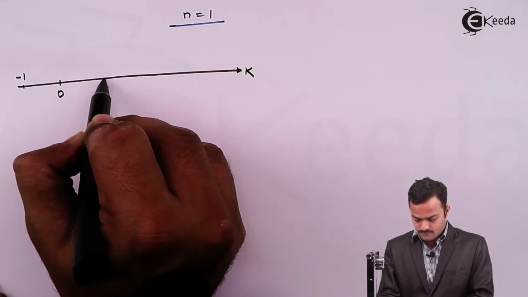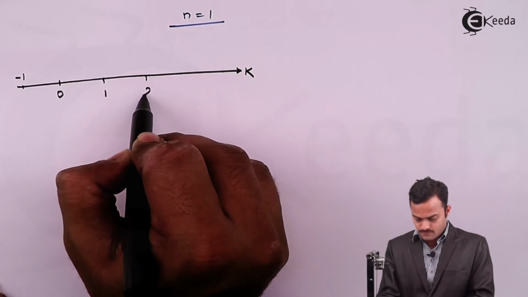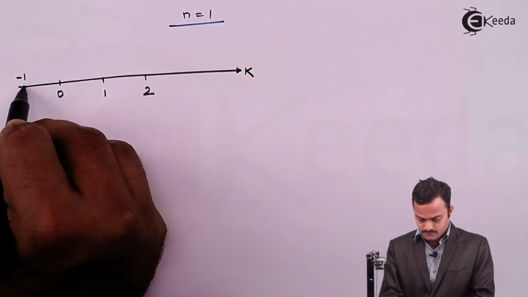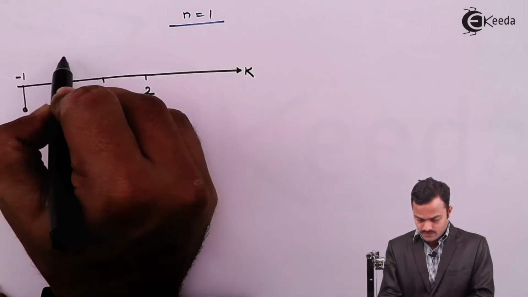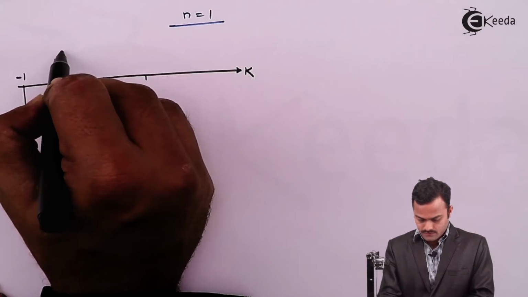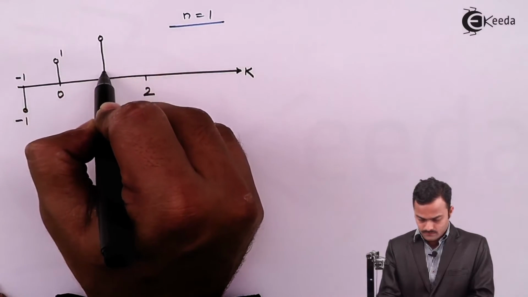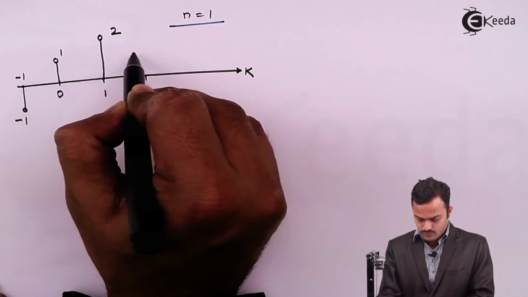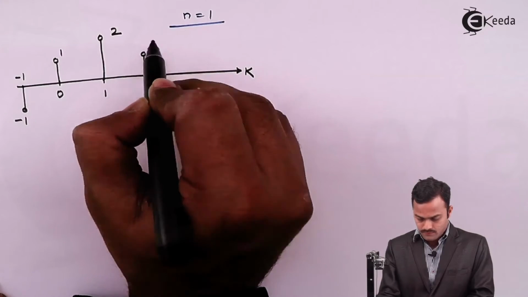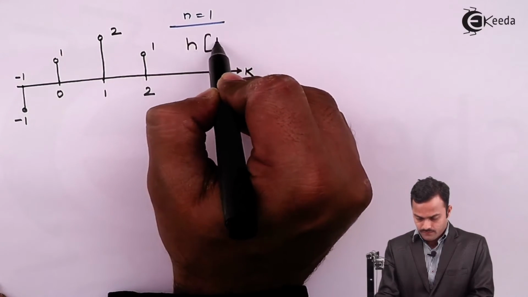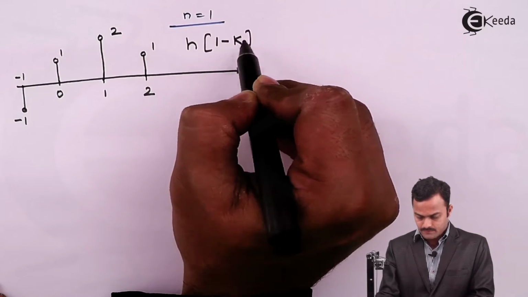Now the values are -1, 1, 2 and 1, h of 1 minus k.